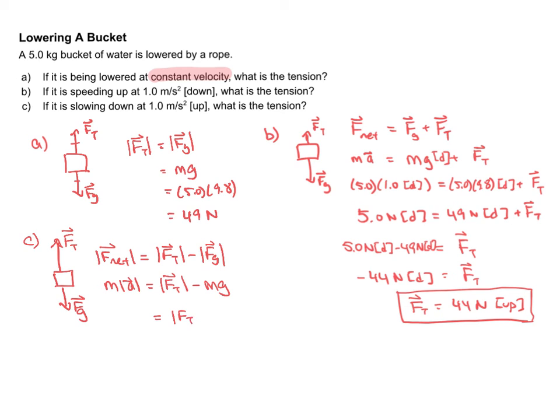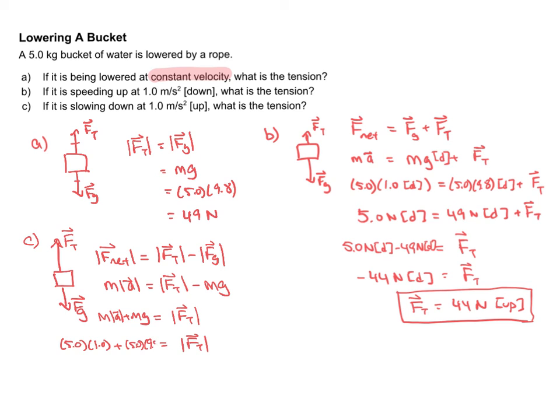That'll be adding mg to both sides. And that will be 5 times 1 plus 5 times 9.8.